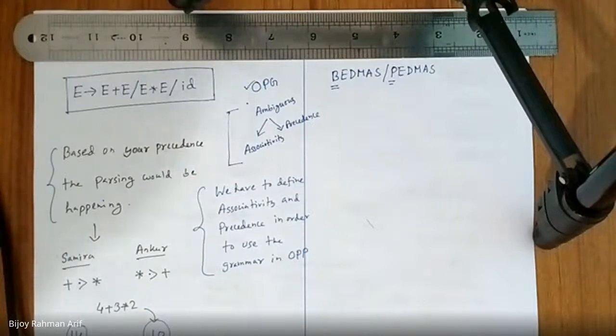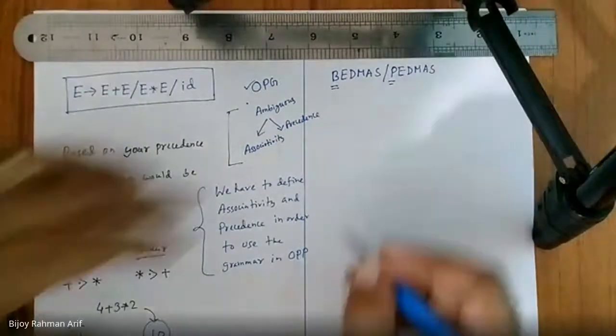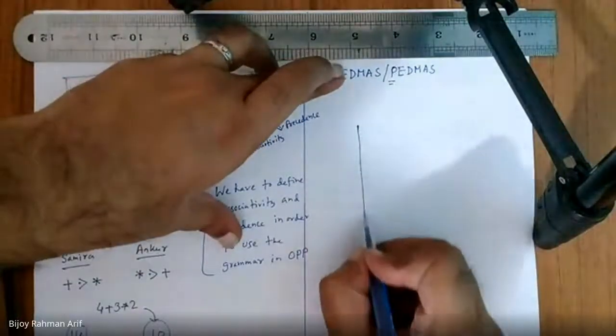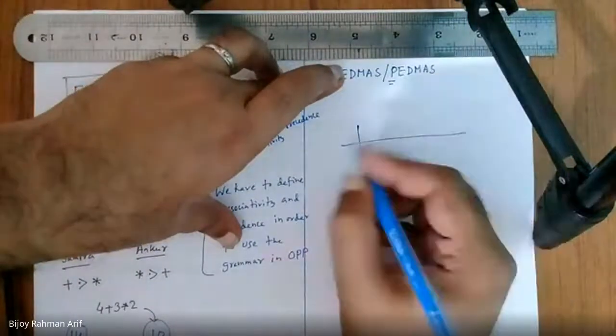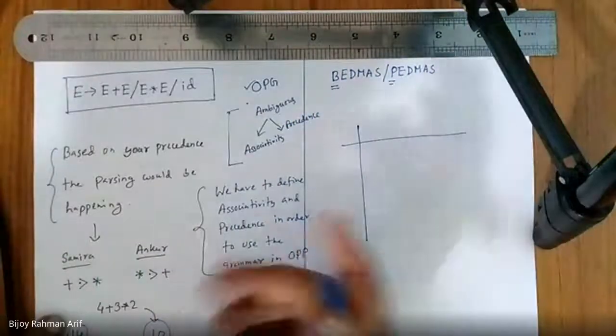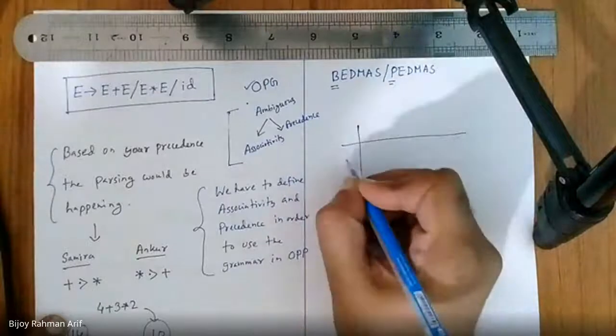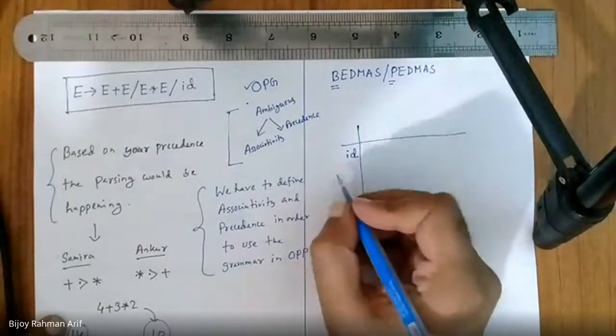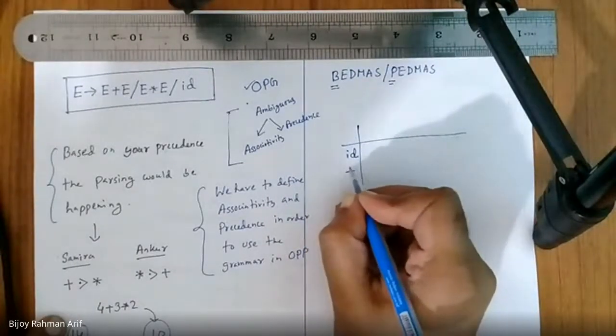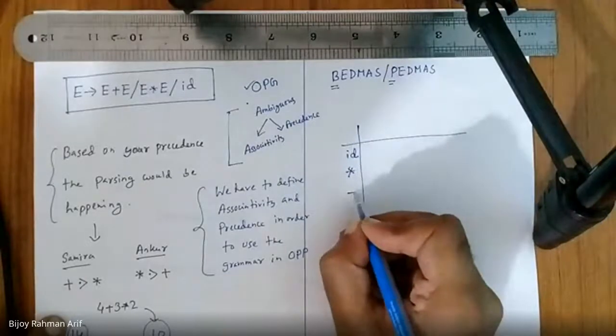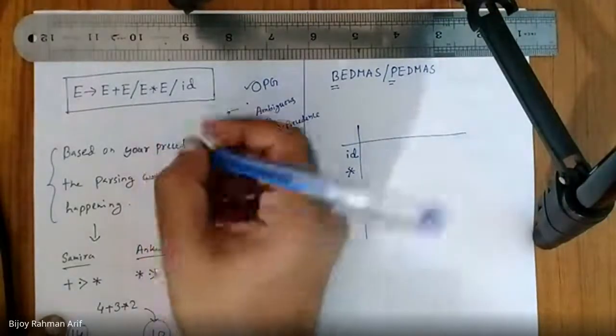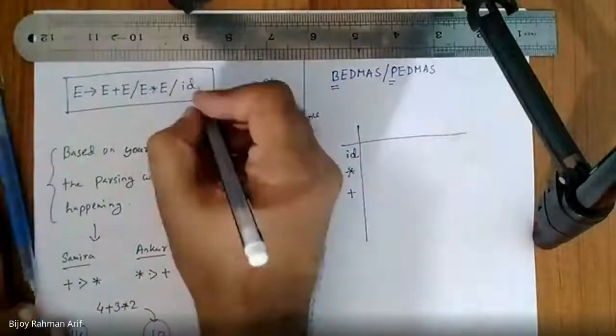Okay, so this is the case. So how can we do that? Let's draw a table. In my leftmost column, all the terminals. So I have ID, plus, star, and we have some special one. You know that at the end we always consider a dollar.